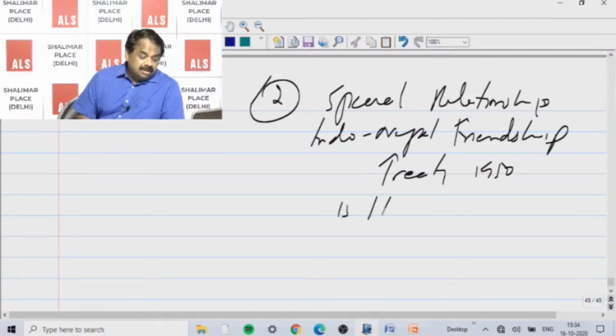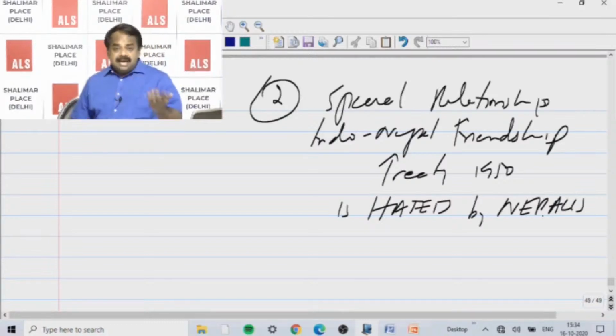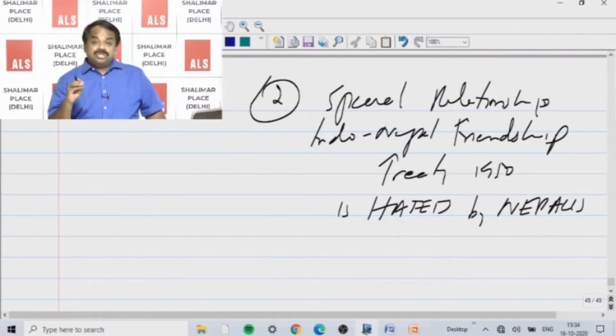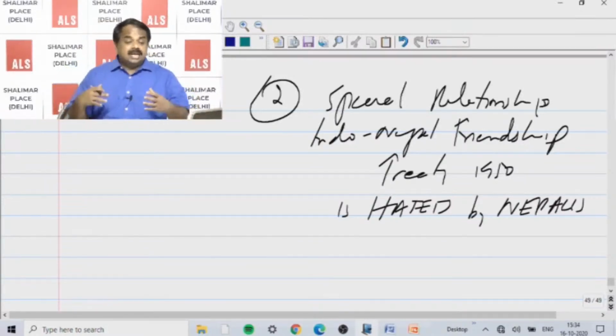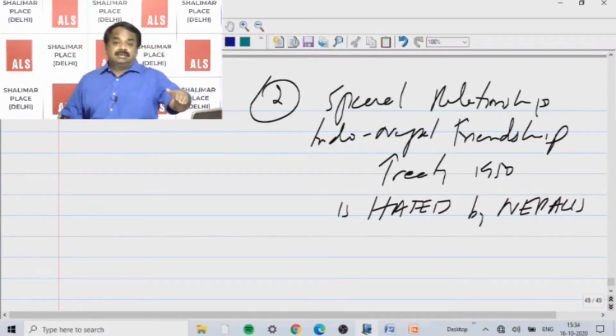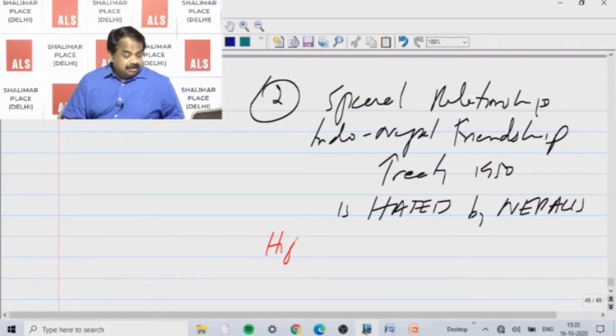That's the reality. They always see this treaty as an unequal treaty. It always binds Nepal as a second class nation. So if it is hated, or if they have so much resentment, which all of us know, it is high time to renegotiate.